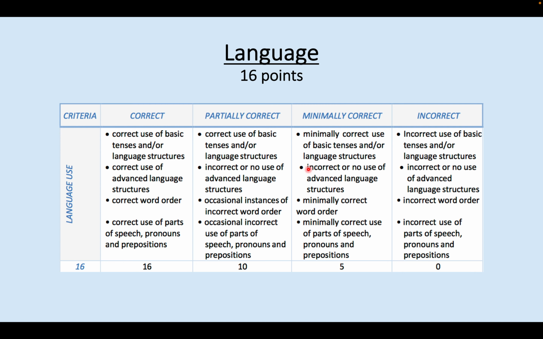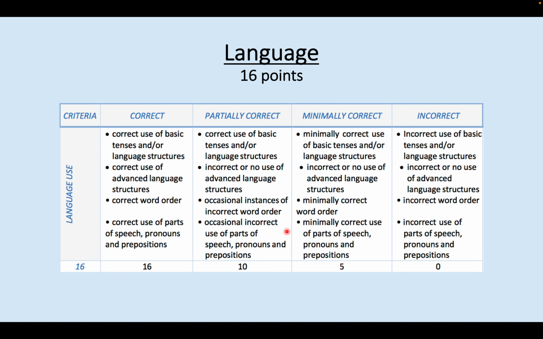And if you jump here, the occasional instances of incorrect word order or the occasional incorrect use of pronouns and prepositions, which means that if you have correct use of basic tenses and mostly the correct use of prepositions and pronouns, you should be getting somewhere between 10 points and 12 points on language.